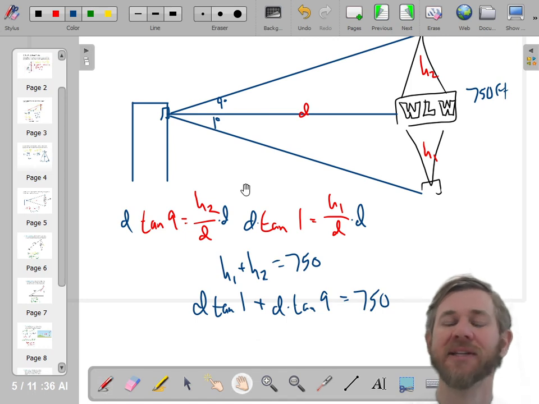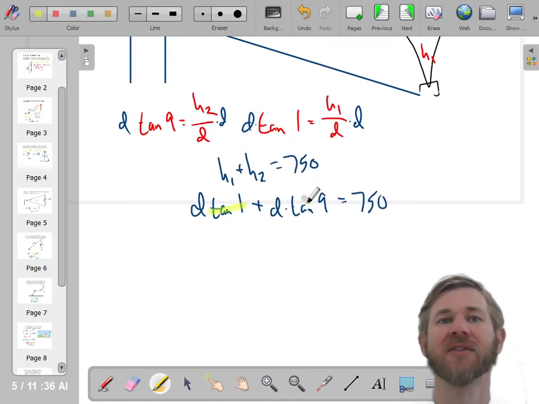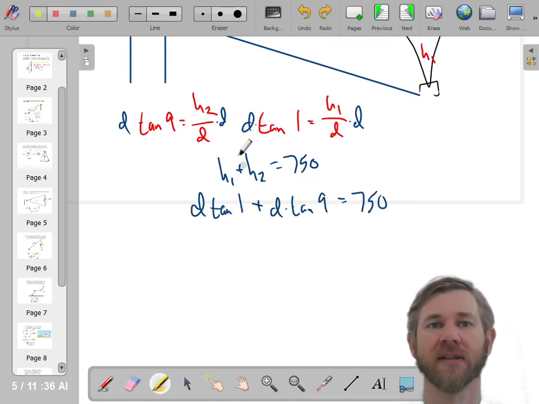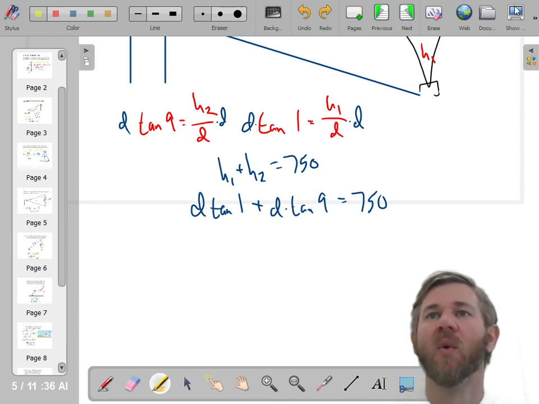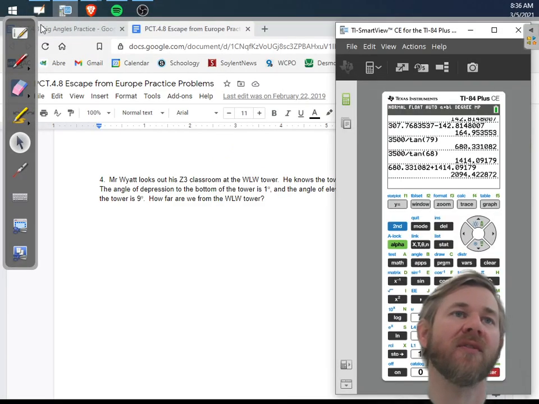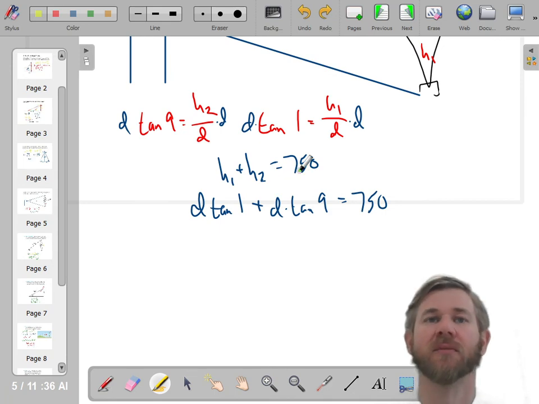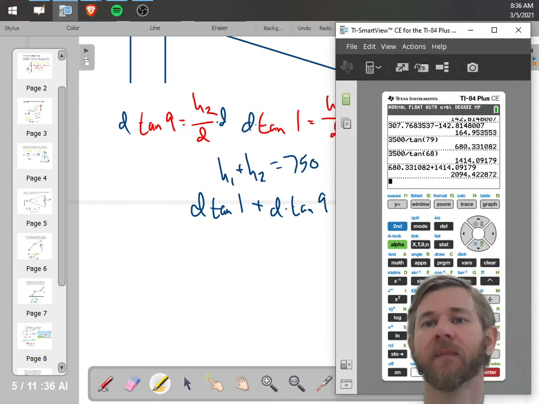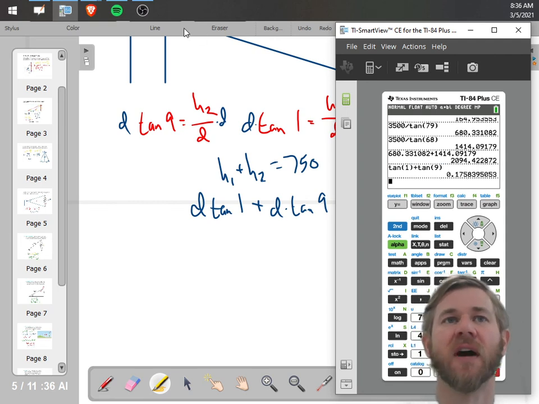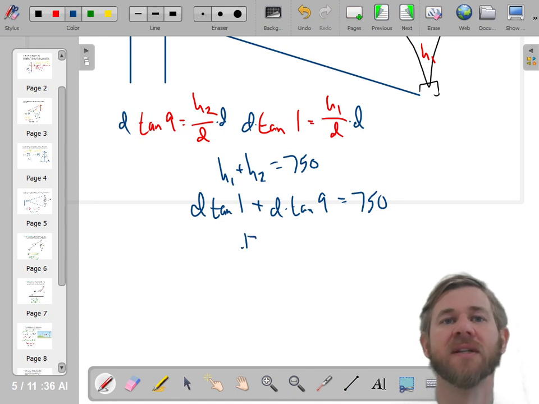And this is where, again, you just have to realize these are numbers. The tangent of 1 and the tangent of 9 are just horrible decimals. So when I want to figure out what that decimal is, I'm just going to add them. They're like terms. Tangent of 1 plus tangent of 9. 0.176 times the distance is 750.